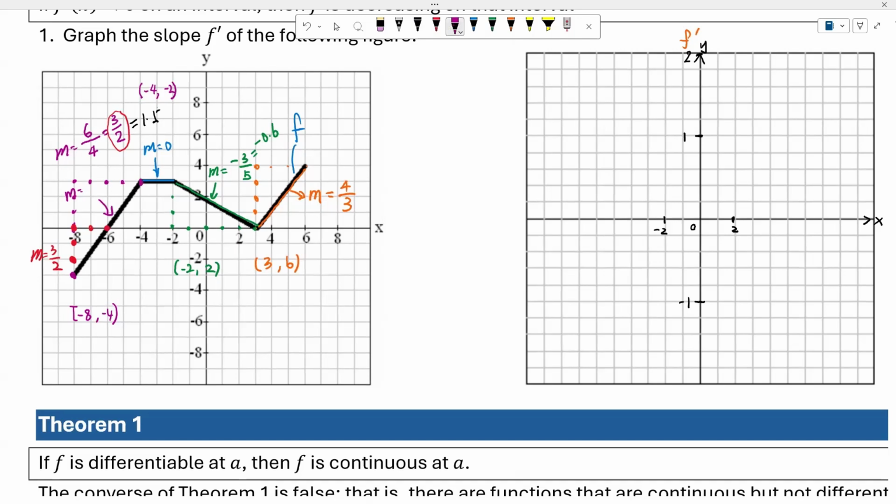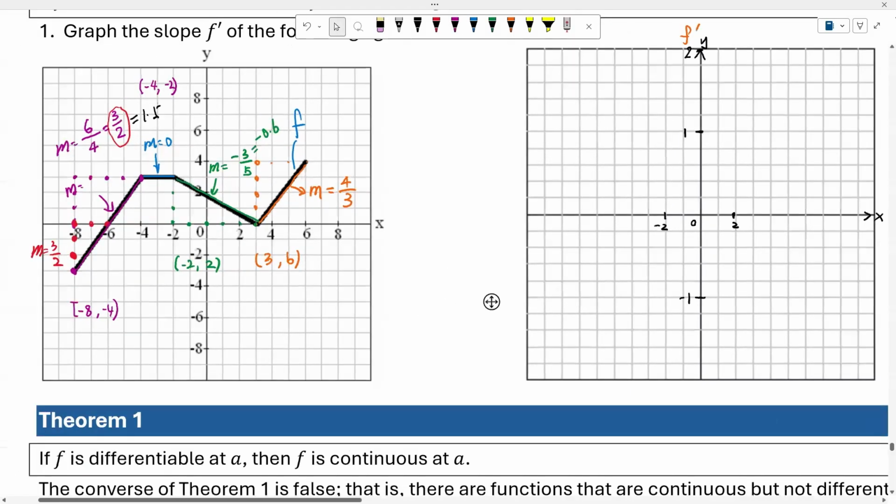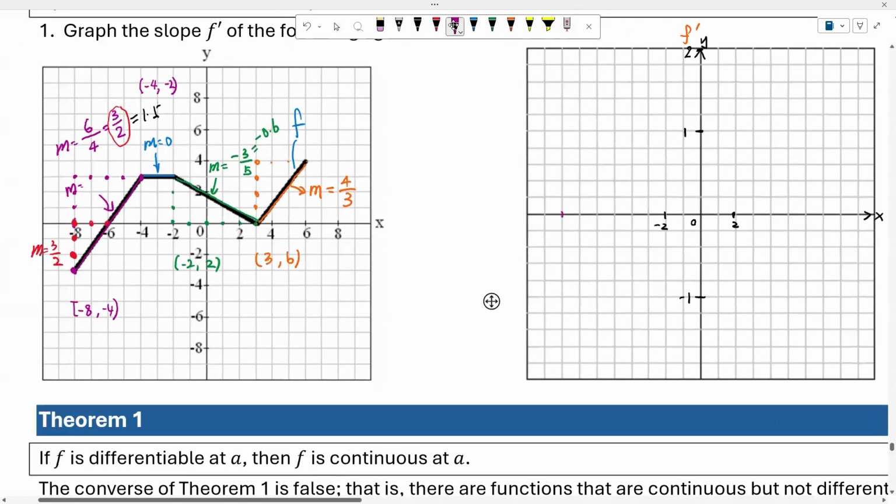And now the interval between -8 and -4. The slope is 1.5. So between -8 to -4, the slope is 1.5.